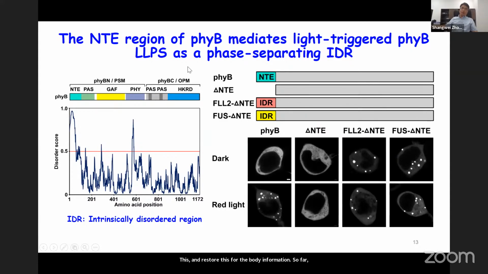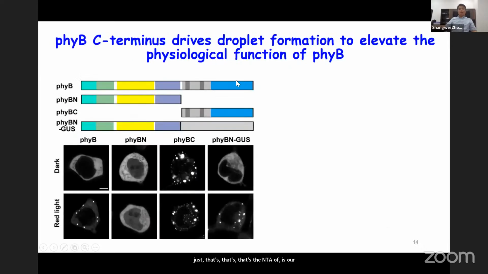We also examined the contributions of other domains of phyB in regulating this droplet formation, and found that if we divide phyB into the N-terminal and C-terminal, the N-terminal alone cannot form the photobody. However, the C-terminal will continue to form the photobody and did not respond to light.